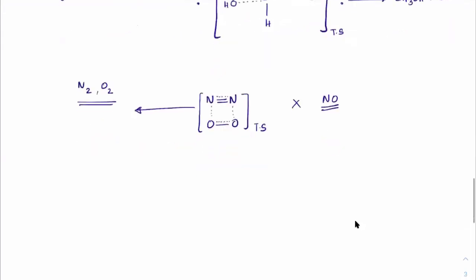Clear? But if you see the same N2 and O2 with an electrical arc, that is what happens when you have thunder and lightning. With an electrical arc, N2 and O2 are moving with such high speeds.